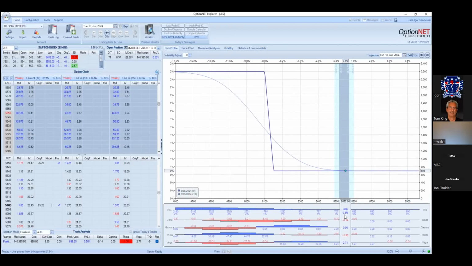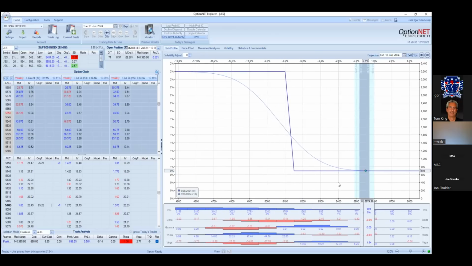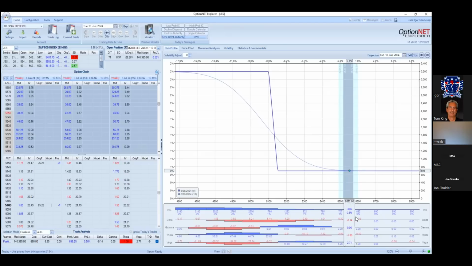You want to know what your P&L looks like today, including all the adjustments you may be making throughout the cycle of this trade. I know that I have about $700 that I'm going to make in this trade. If I spend any more, it doesn't make any sense to me. I'm not saying it's right or wrong.